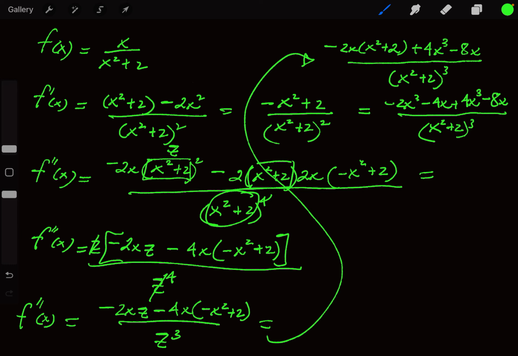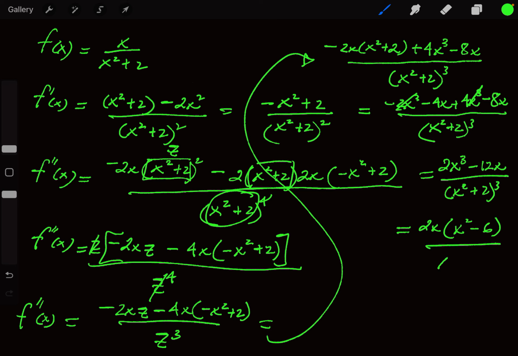And then we get that this is going to be 2x cubed, cancels, minus 12x over (x squared plus 2) cubed, and then I'm going to factor out a 2x to make it as easy as possible: 2x(x squared minus 6) over (x squared plus 2) cubed. Hopefully I did my algebra correct. This is f double prime of x, as simple as I can make it.